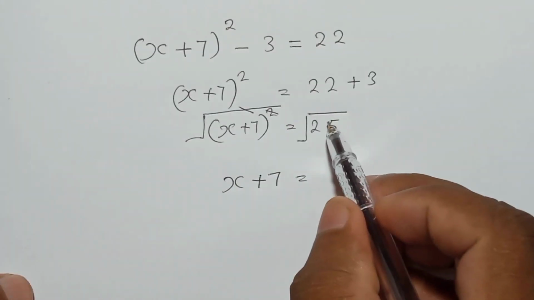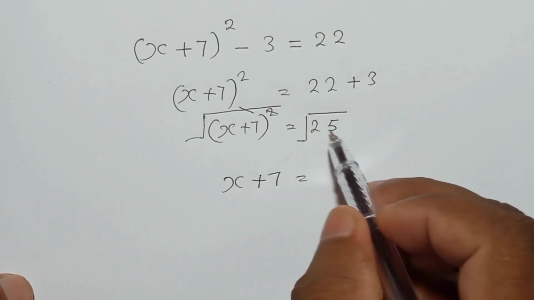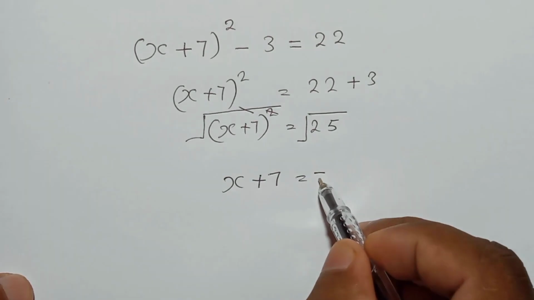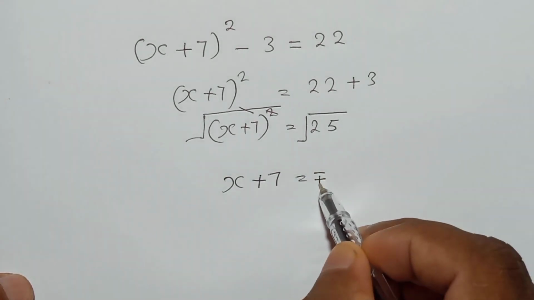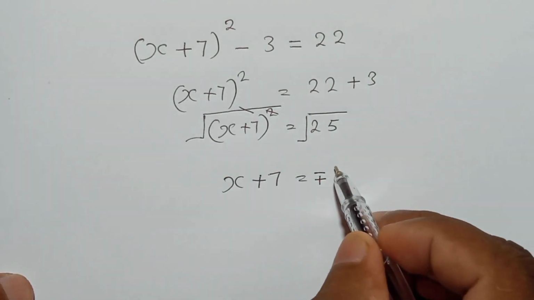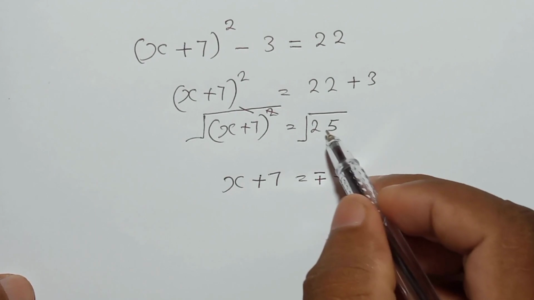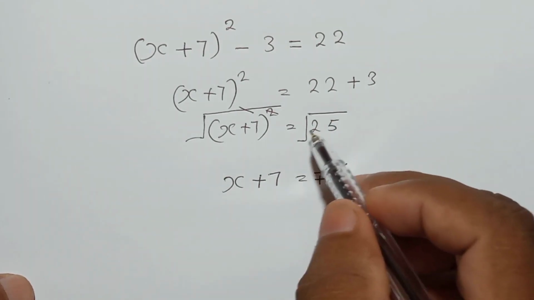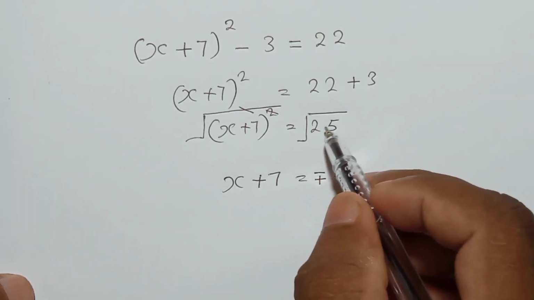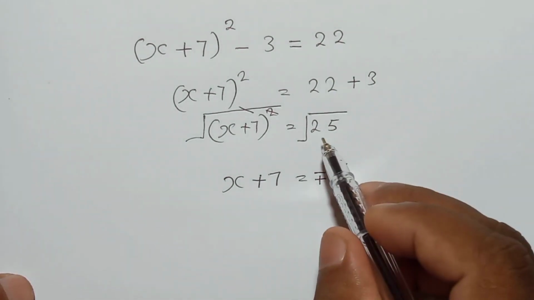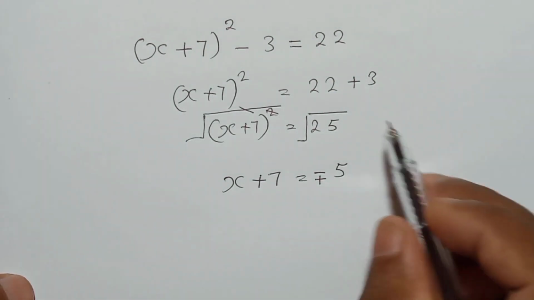And when you find the square root of a positive number like this, 25, it can be positive or negative, plus or minus 5 here, right? Square root of 25, normally we say 5, but we know how we can get 25: minus 5 times minus 5 also gives 25, and plus 5 times plus 5 also gives 25.